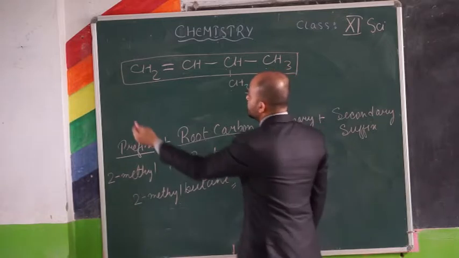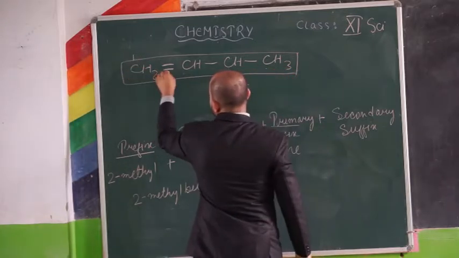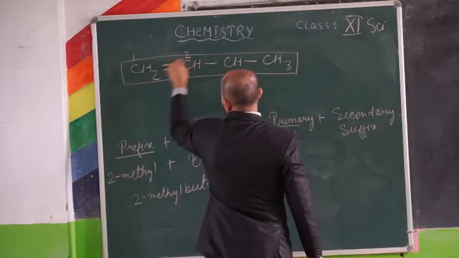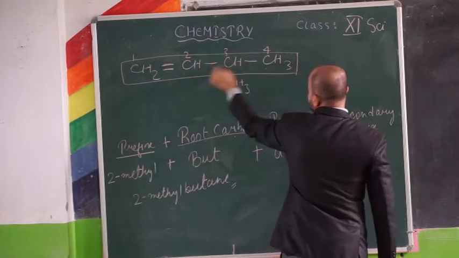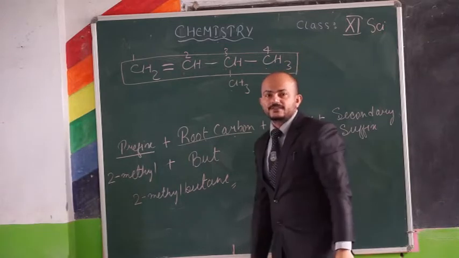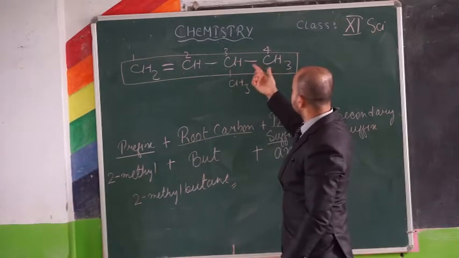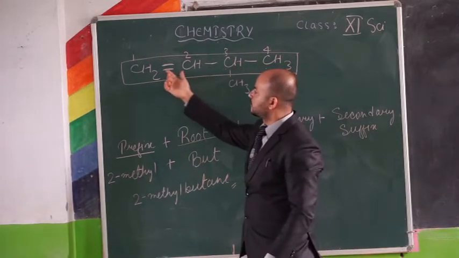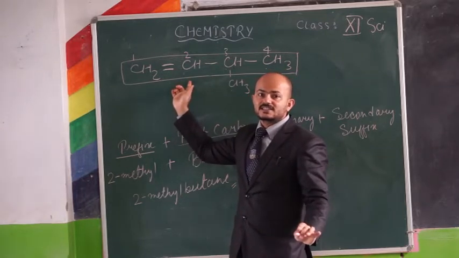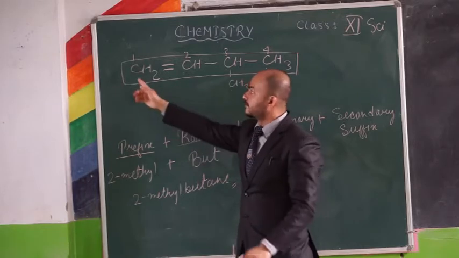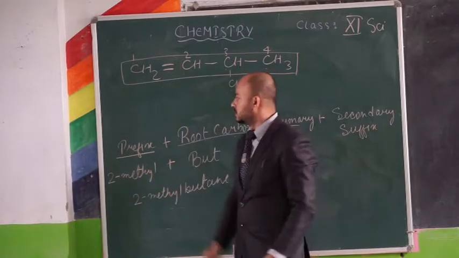If I start numbering from here, this double bond is present between 1 and 2, so it comes at carbon number 1. 1, 2, 3, 4. This is the correct way of numbering. If you start numbering from this side, 1, 2, 3, the double bond would have come at carbon number 3, which the rule doesn't allow us to do. Remember, always at lower carbon number.